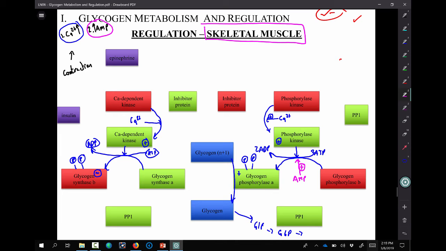Questions on that? Yes? When you say allosterically activates, is that after it's been phosphorylated? Can it activate an inhibited form of an enzyme? Okay, so you're talking about AMP and glycogen phosphorylase, and the question is whether AMP allosteric activation happens after or before phosphorylation.